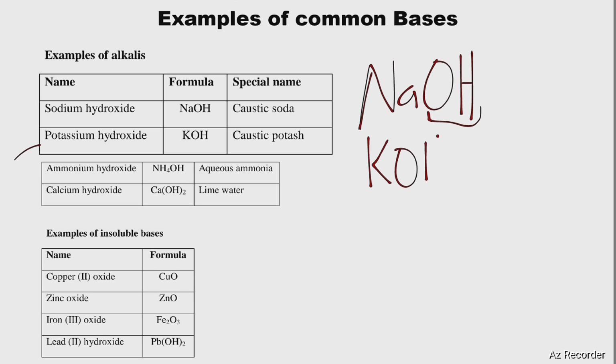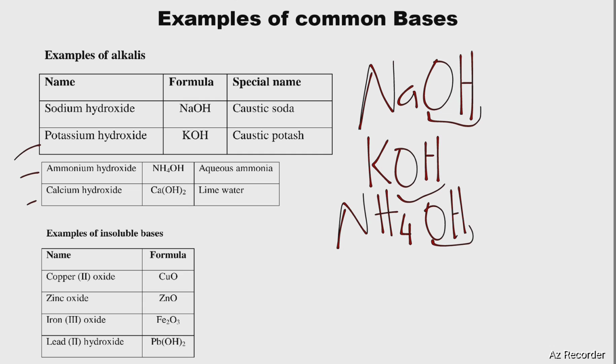You can see it has the OH group. You also have ammonium hydroxide. Also, you can see the hydroxide group together with calcium hydroxide. Calcium hydroxide is called lime water. It is important for us to also know the special names. You see all these contain the hydroxide group.